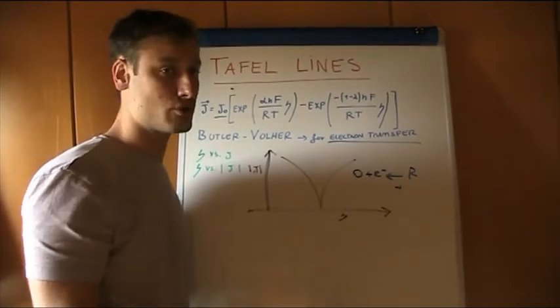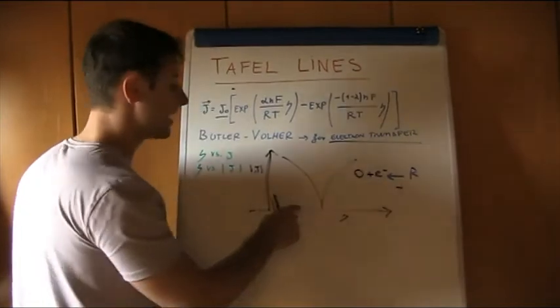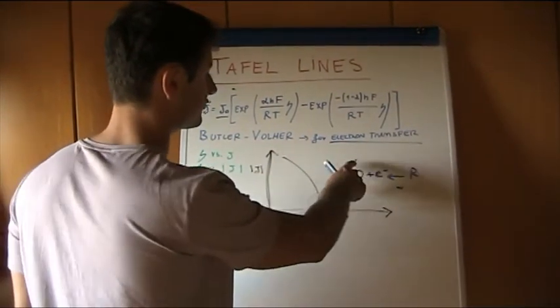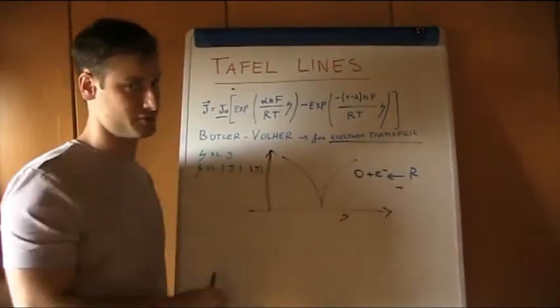We are not able to appreciate it, but it's present. And since it's present when we are at a very low current and at very low overpotential, we have this particular trend that is typical of the presence of this contribution.